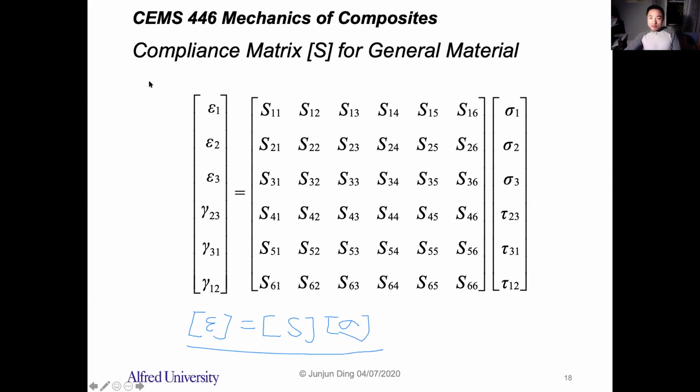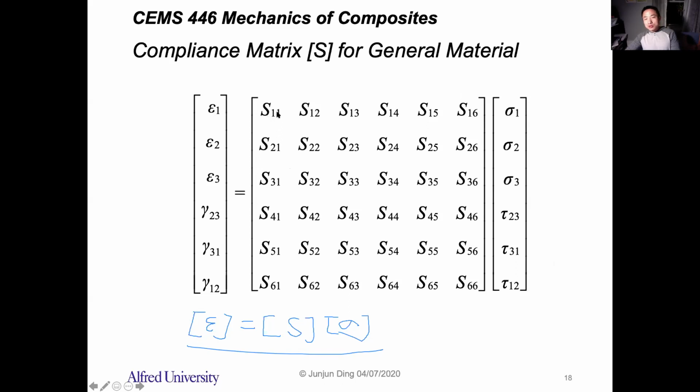And this is a general material. If you have a really general material, you have this compliance matrix S. Those values are independent, right?